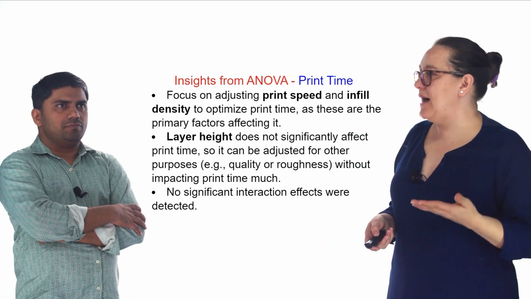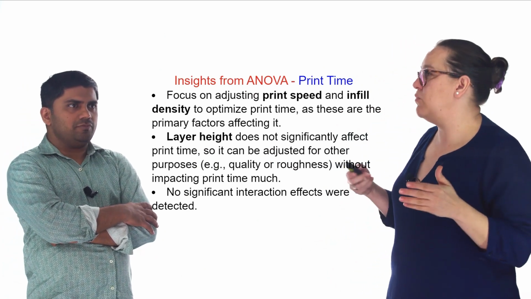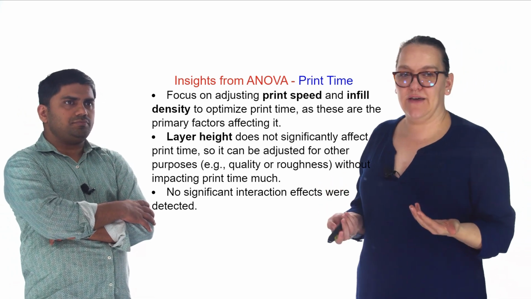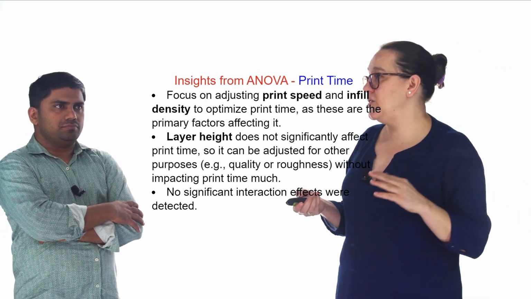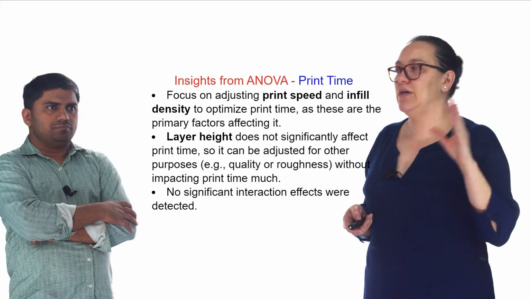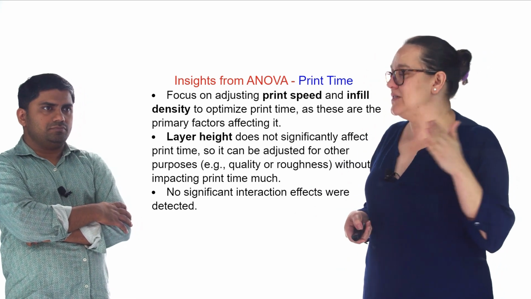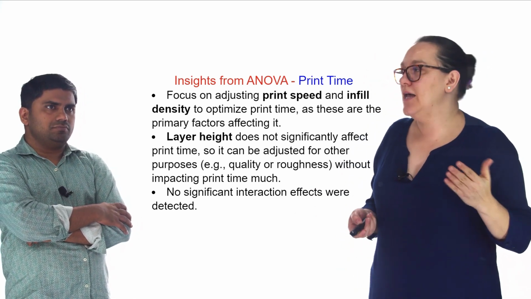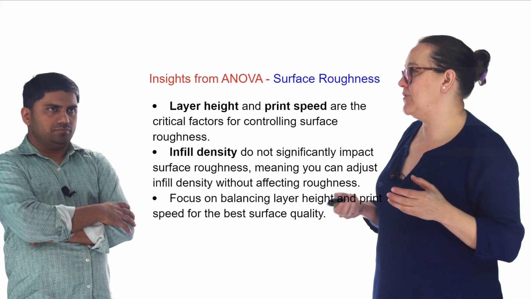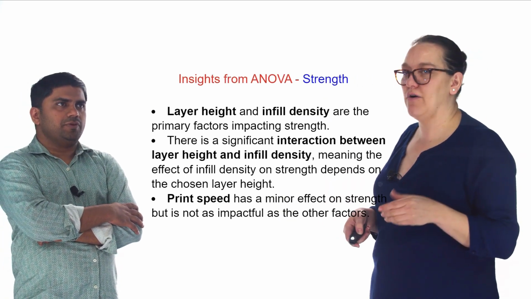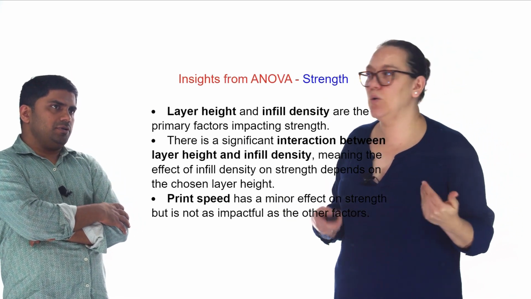Please share with your friend which factors have a significant effect on the response, or the interaction. But these are independent. You're looking at one response at a time, so the tests do not combine the responses. And here we have also softness, roughness, and this is what we look at for strength.